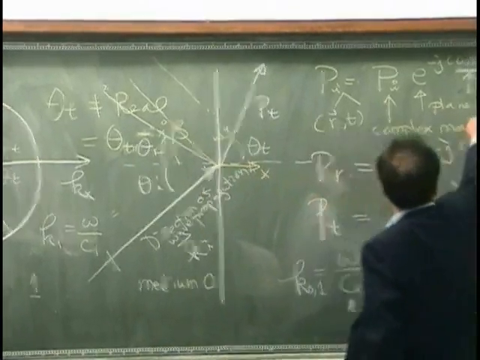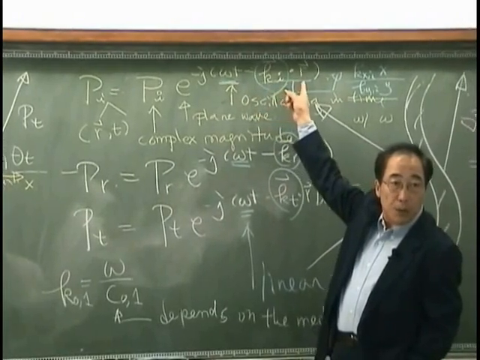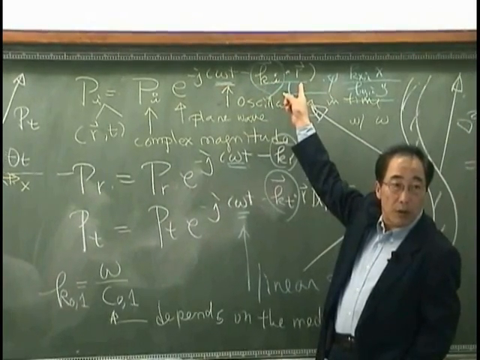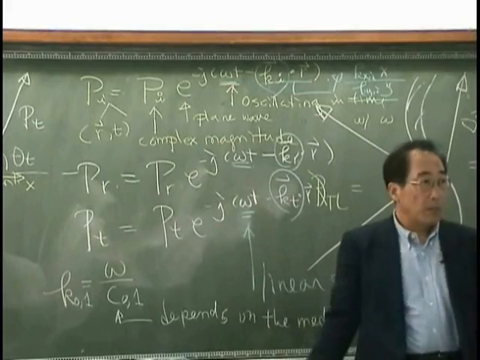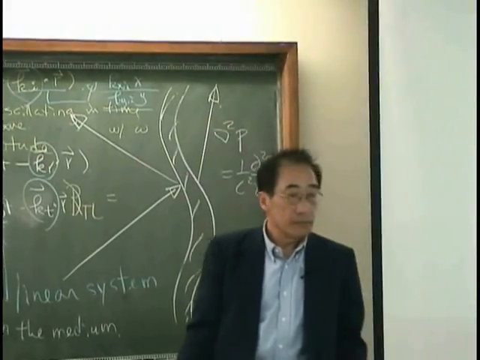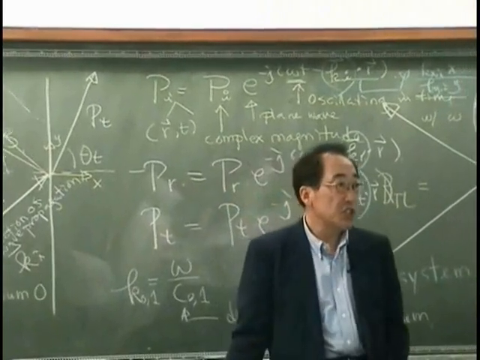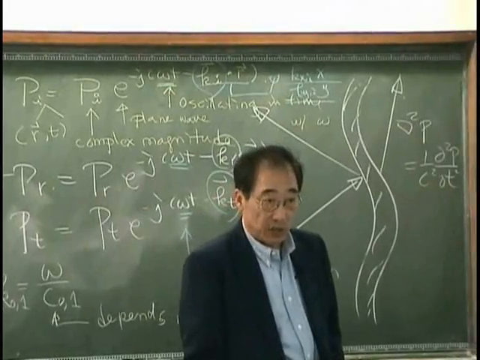Then this means that I have a wave that is propagating in the y direction, but it is exponentially decaying in the x direction.